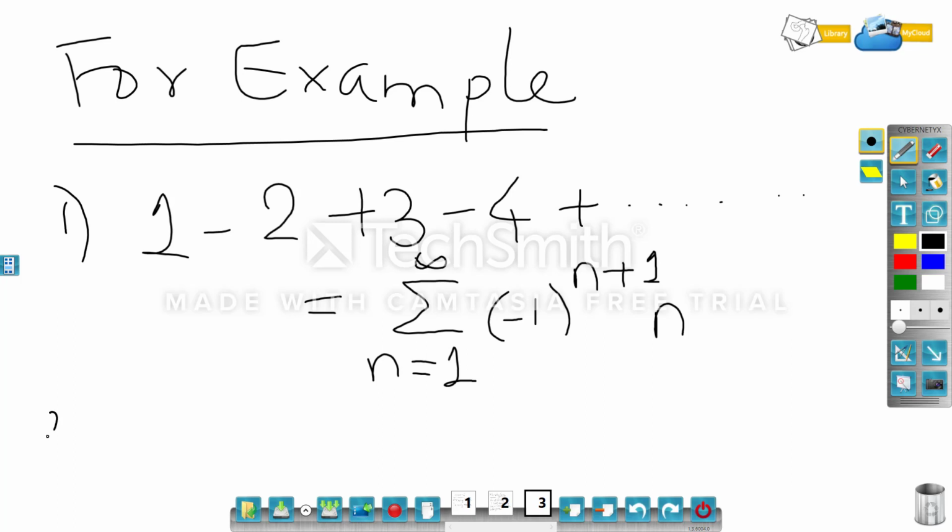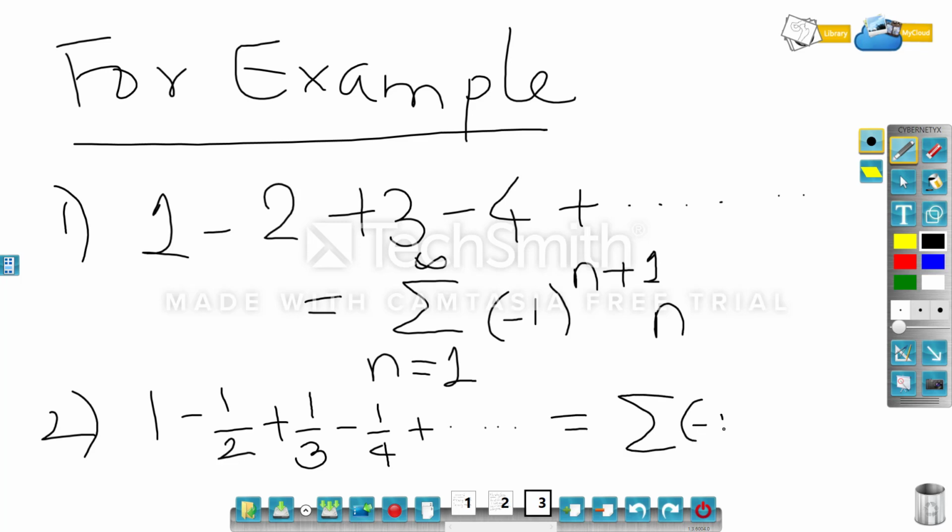Second example: 1 minus 1 by 2 plus 1 by 3 minus 1 by 4 plus ..., which is the same as summation (minus 1) raised to n plus 1 upon n. Again n goes from 1 to infinity. If you elaborate this, you will get the required LHS.